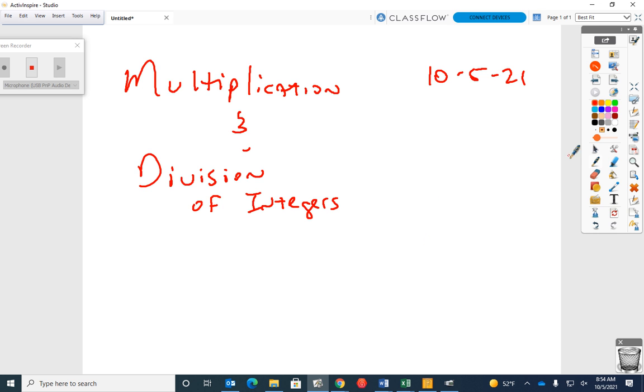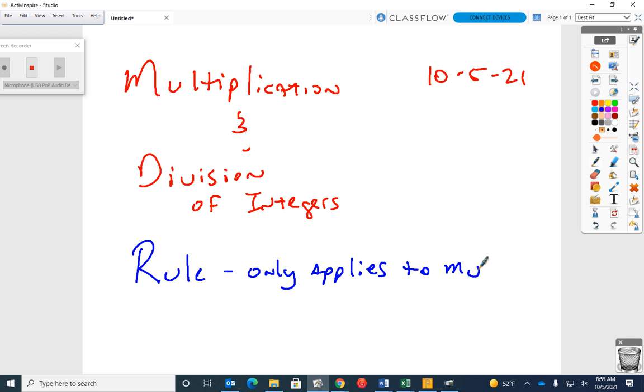Just like yesterday when we had subtraction of integers, when we have multiplication and division, we have a rule. And this only applies to multiplication and division.